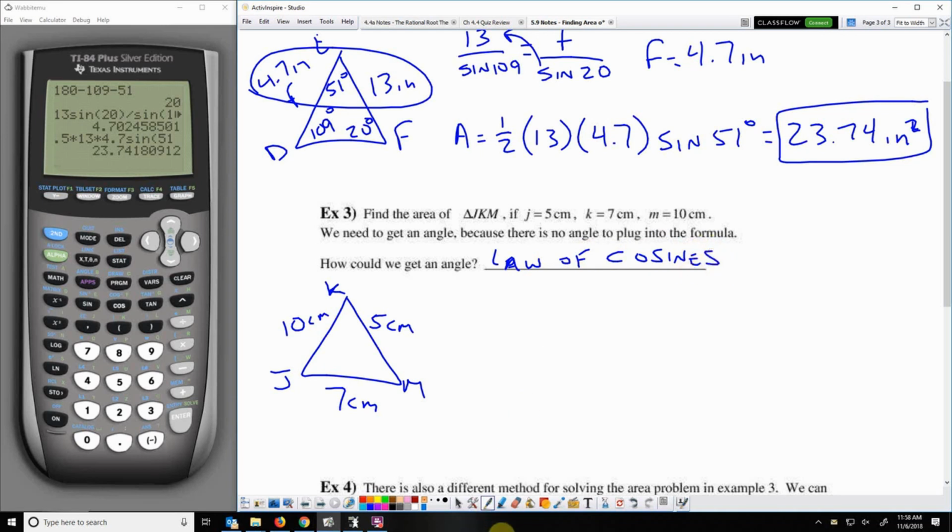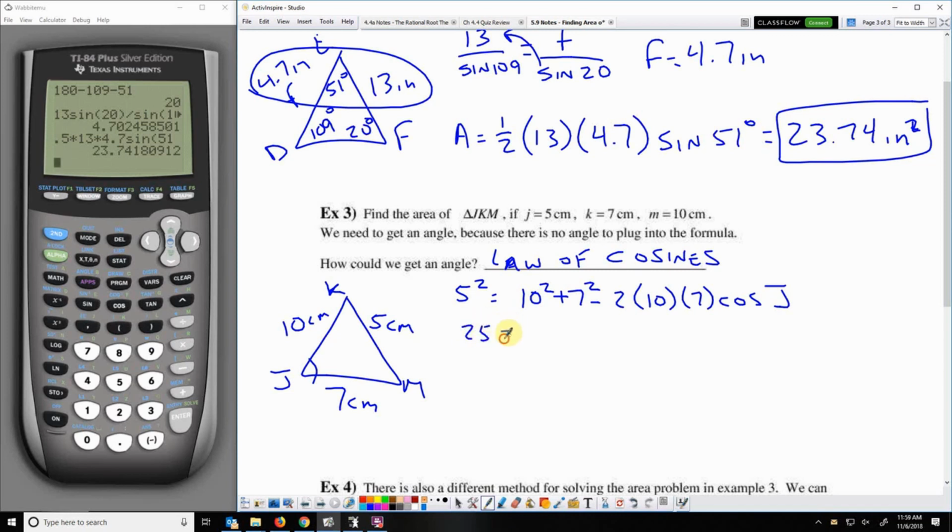Okay, so I can pick whichever angle I want. I'm going to go for angle J. So to find angle J using law of cosines, I've got 5 squared equals 10 squared plus 7 squared minus 2 times 10 times 7 cosine J. Okay, so I'm going to do some simplifying.